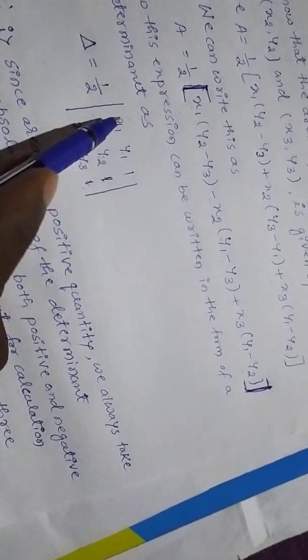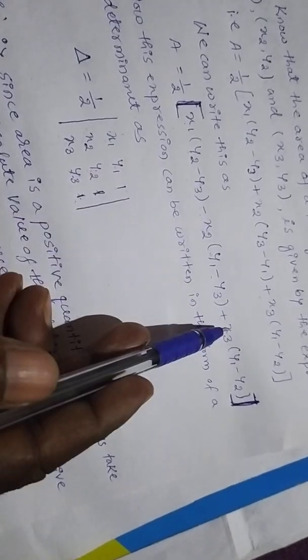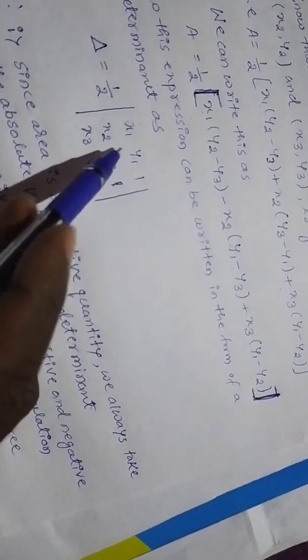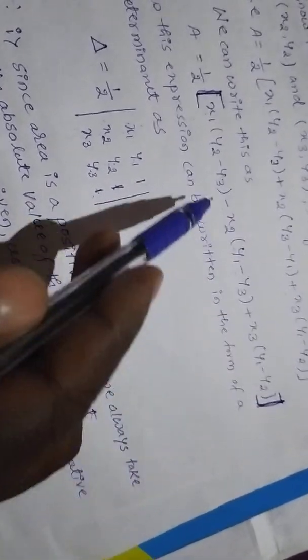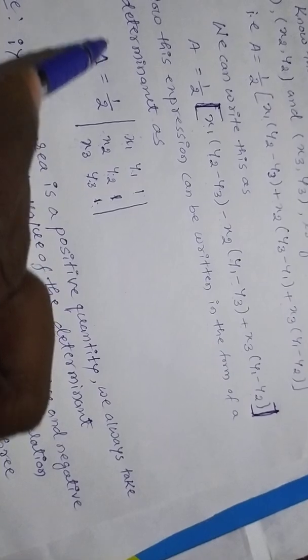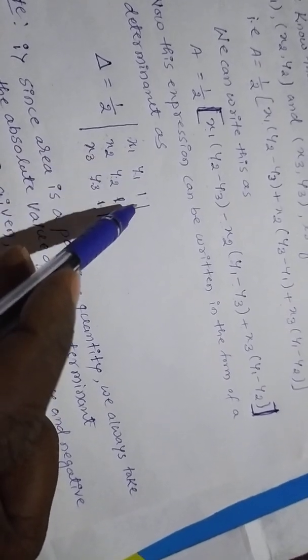Now plus x3, because of the plus minus plus pattern, into y1 into 1 minus y2 into 1, that is y1 minus y2. So this expression is nothing but the area of the triangle by using determinants: delta equals half into the determinant x1 y1 1, x2 y2 1, x3 y3 1.